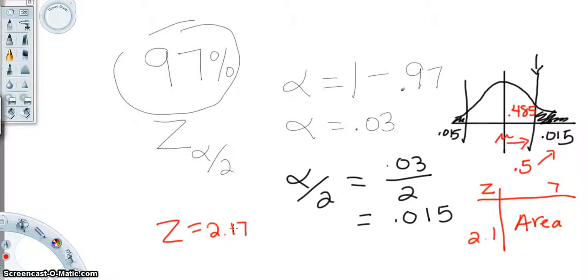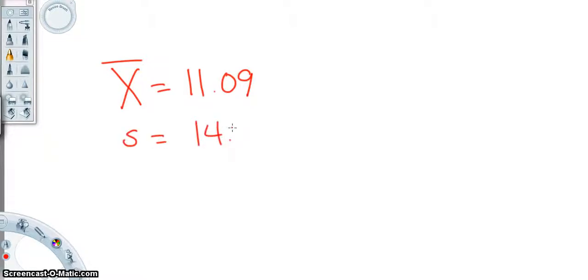So let's do a problem from start to finish when we're looking for a specific confidence interval. So if we have a sample mean of 11.091, and I have a standard deviation S of 14.405, and we're looking for a 90% confidence interval for this data.